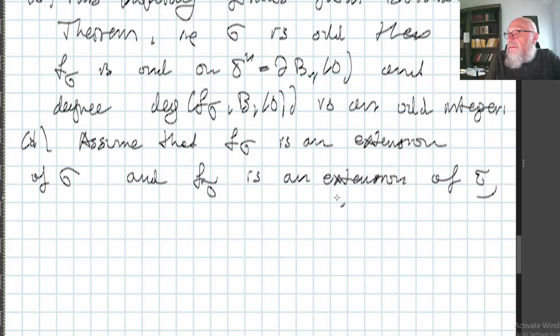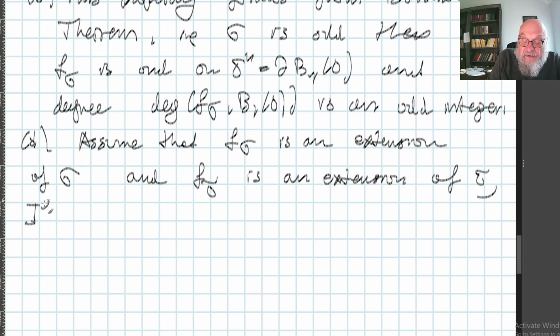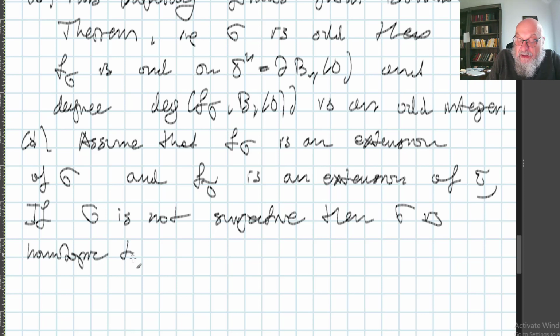Then, of course, if sigma is not surjective, then sigma is homotopic to a constant map.